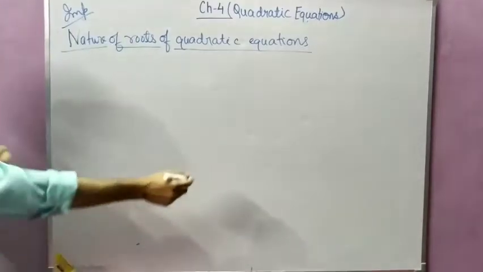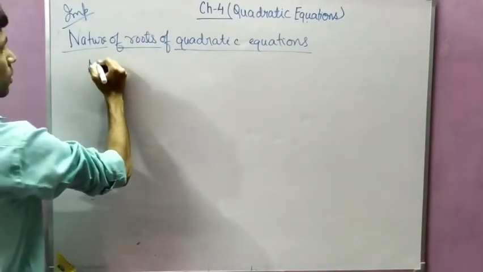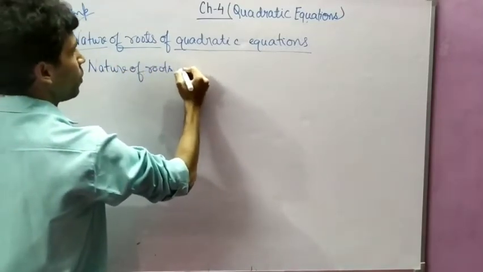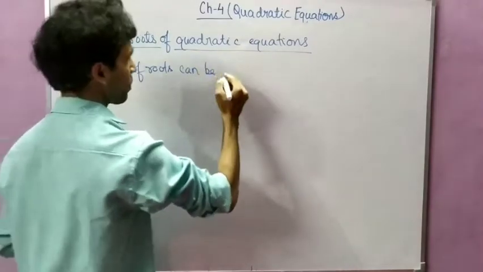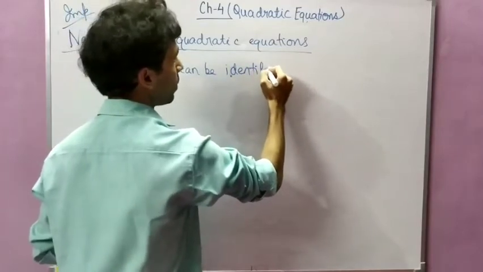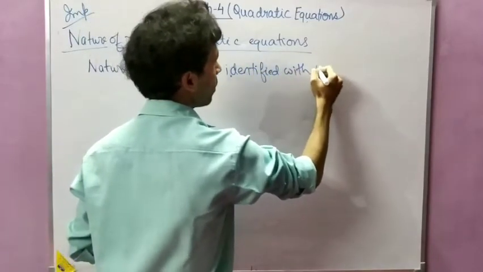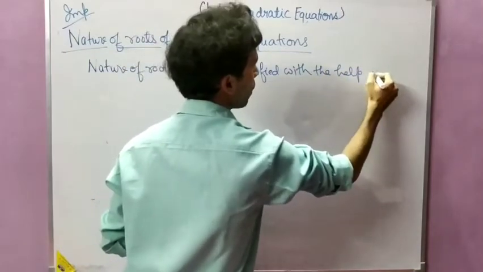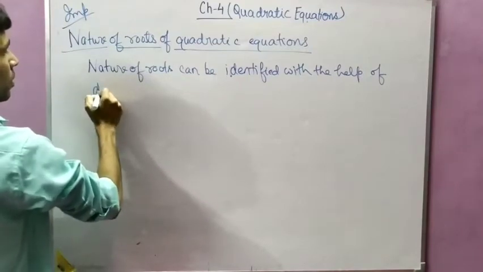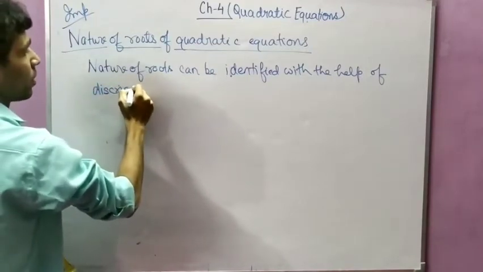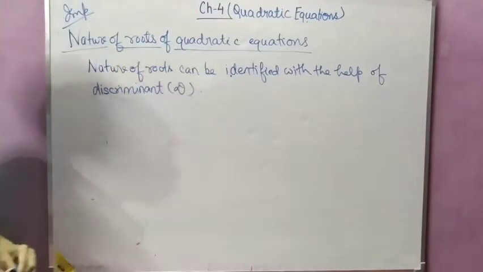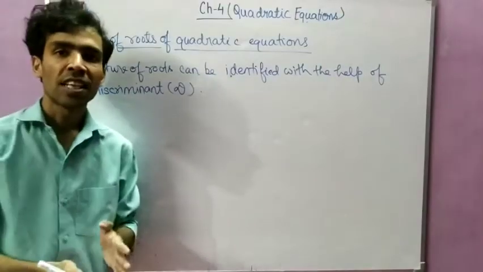Now student, first you will write: nature of roots can be identified with the help of discriminant, which was D. I told you about D when I was teaching the Sridharacharya formula.